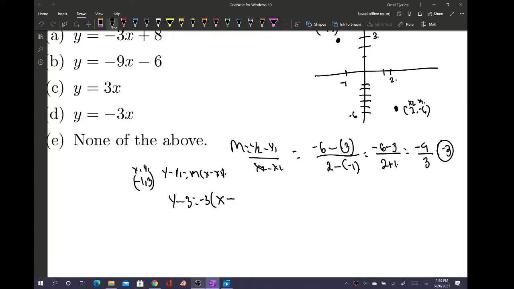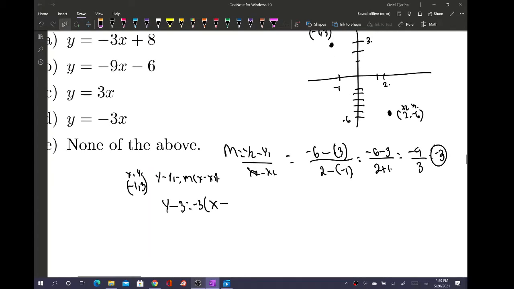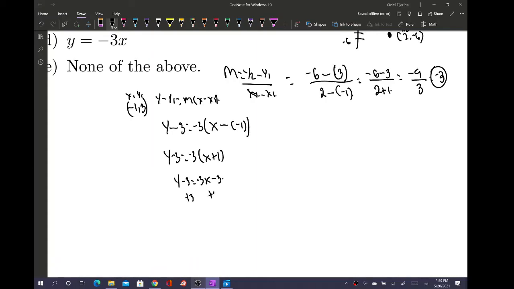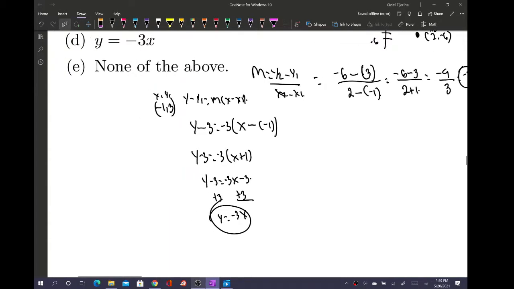So it would be -3 times x minus -1. We have y - 3 = -3(x + 1), which is y - 3 = -3x - 3. We add 3 on both sides, we get y = -3x. That's one way to do it.